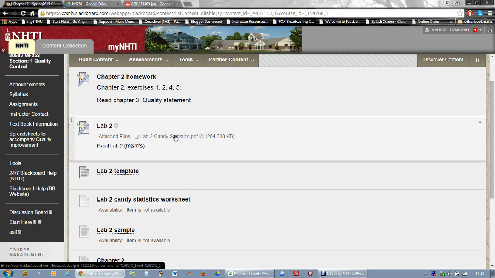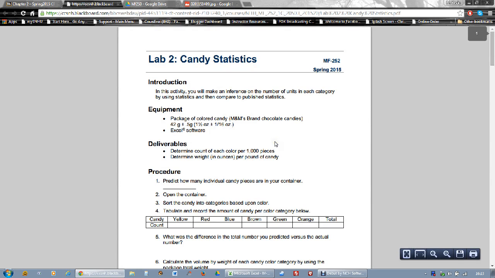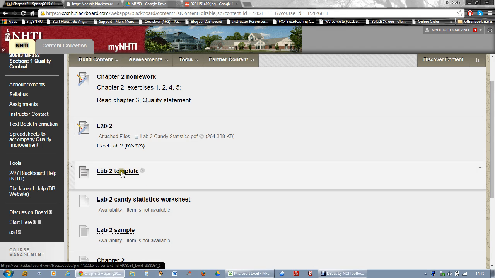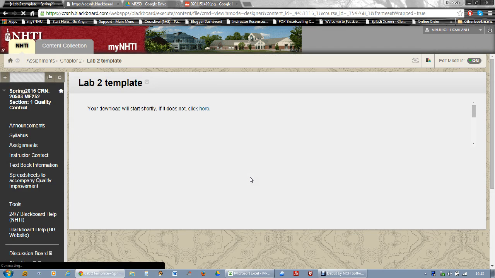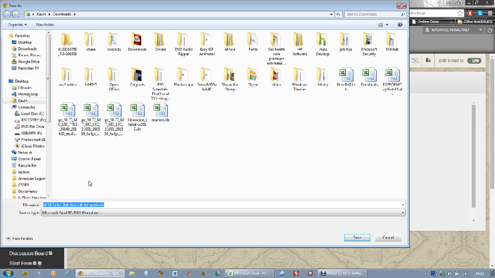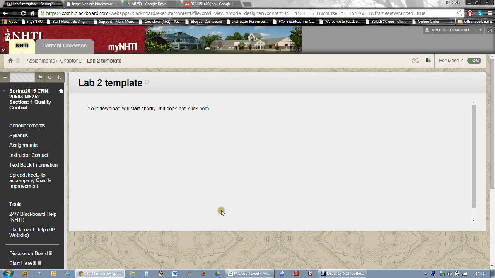Go ahead and click on the Candy Statistics PDF, and that'll open up, and you come down here and you can print out a copy, and you can also save this. And then there's a template that you can open up. You click on that and it automatically starts downloading. There, go ahead and save it, and then open up the Excel spreadsheet.